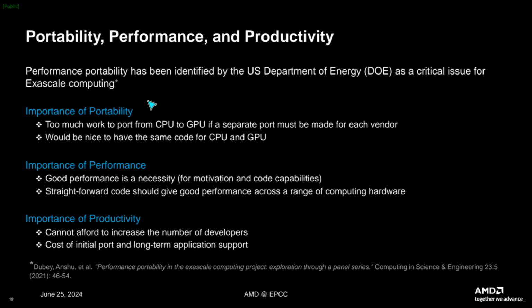The size of our application development teams is not going to increase. You have to port to these new architectures. Maybe that's possible for most applications, but to port to every vendor's offerings is just way beyond what an application development team can do. So you really want to have portability.